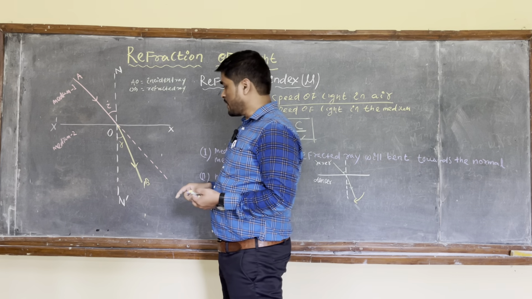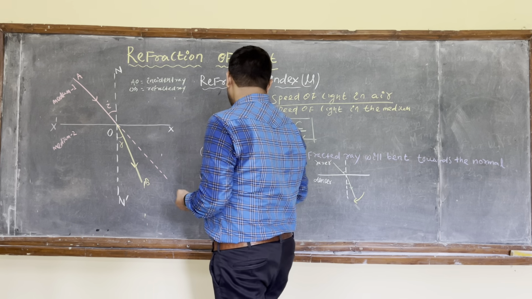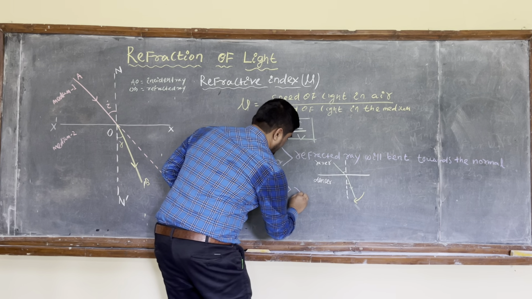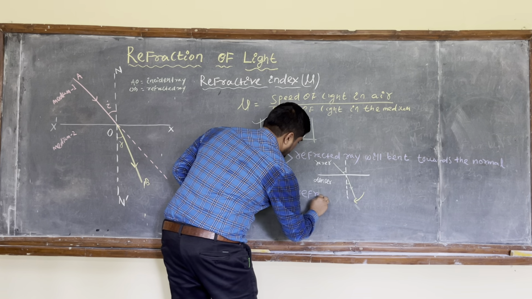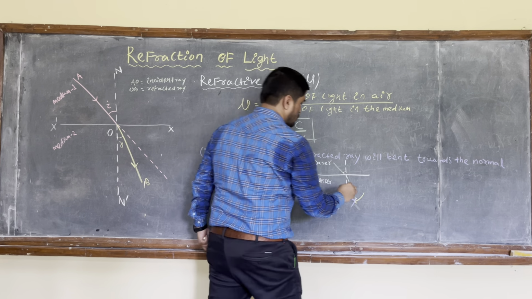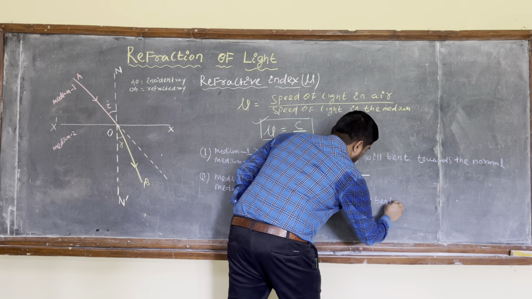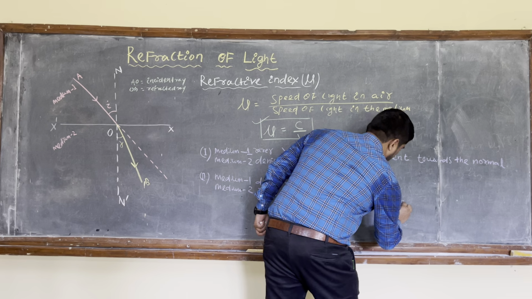In that case, the refracted ray will bend away from the normal. You can write: refracted ray will bend away from the normal.